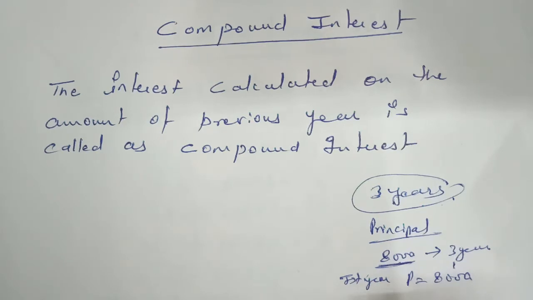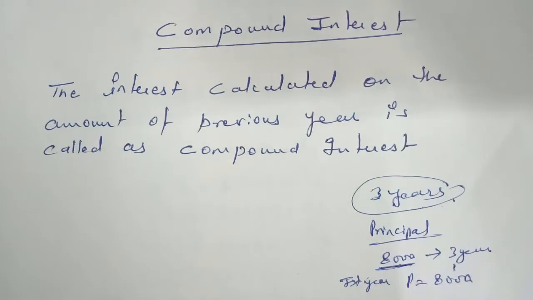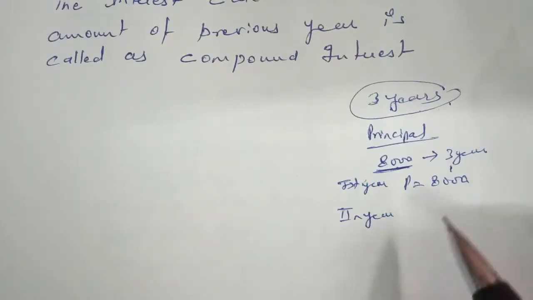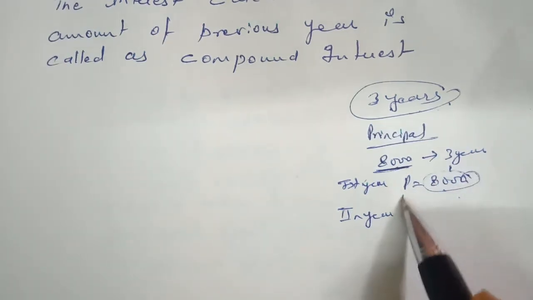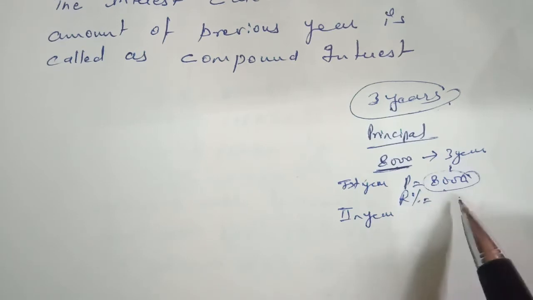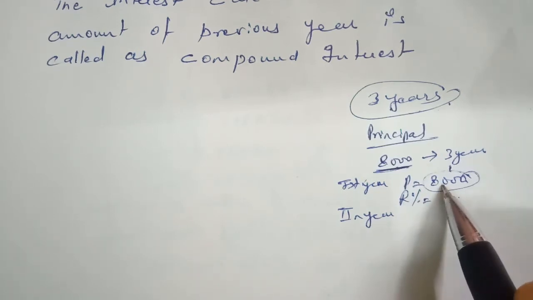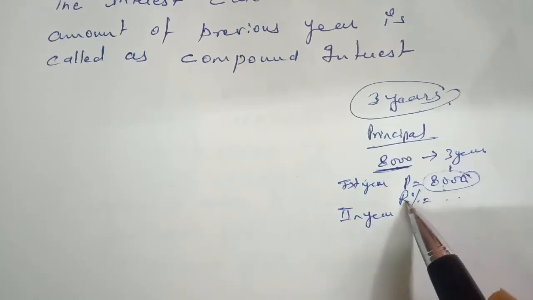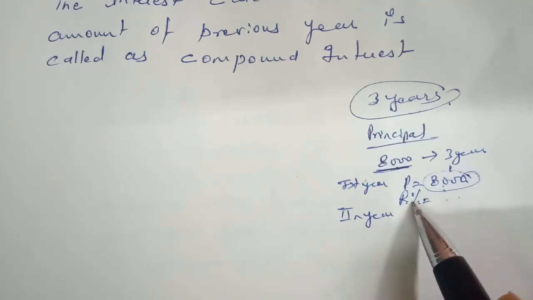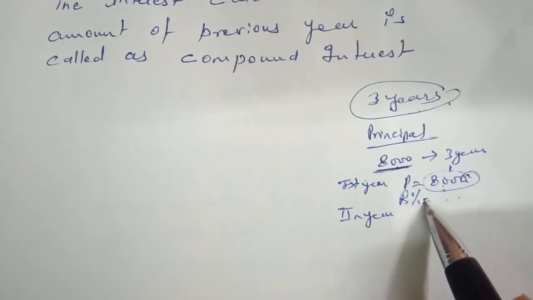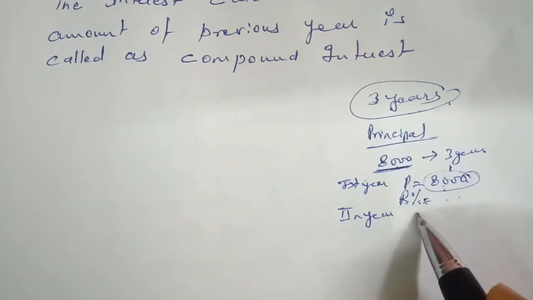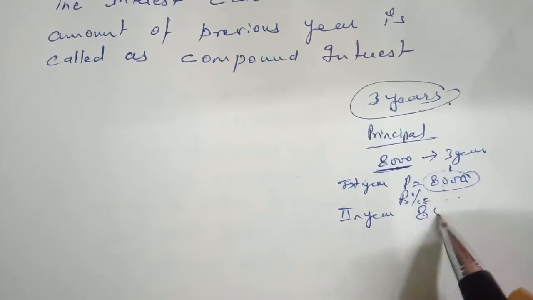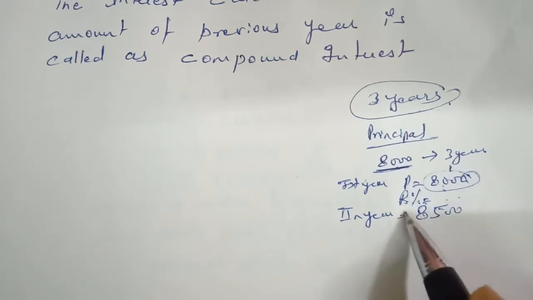For the second year the principal will change. Whatever interest is paid to you, depending on the rate of interest, will be added to it. Suppose after adding the interest, your amount at the end of the first year becomes 8,500. Then for the second year, this will become the principal.